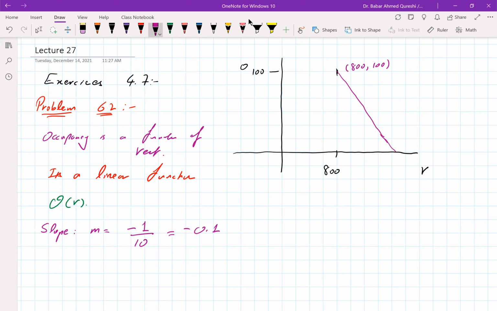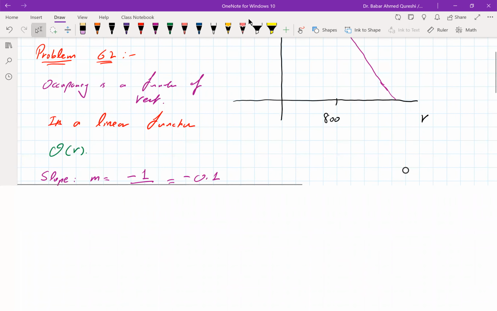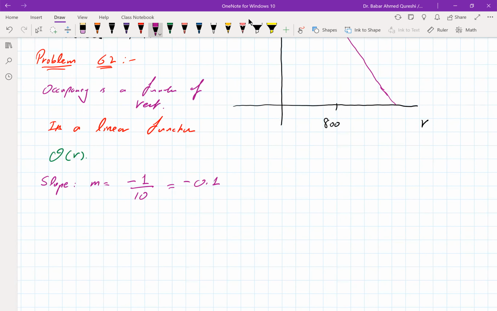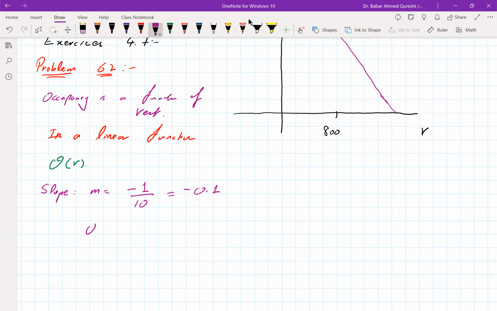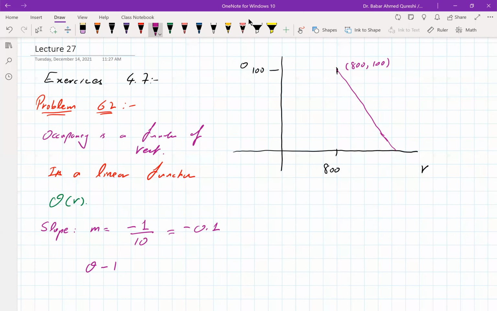Now you can write the equation of the line. Y I'm representing by O. O minus 100 is equal to the slope times r minus 800, because that's the coordinate of this point on the x-axis.